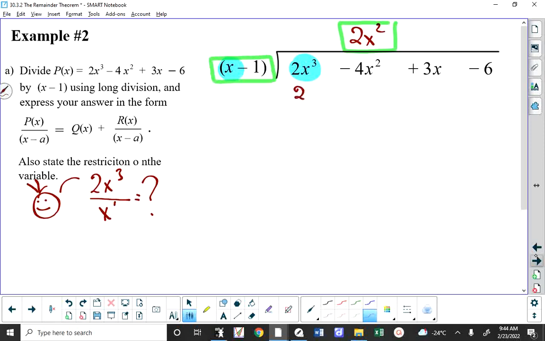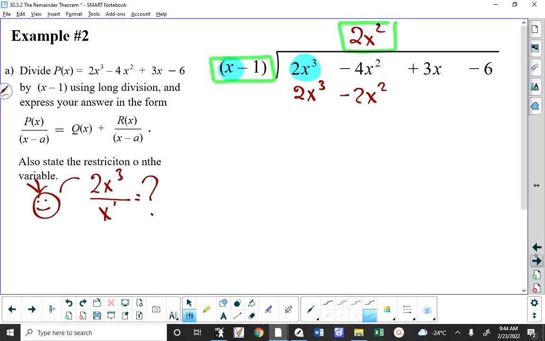Well, it better give 2x cubed because that's what we were dividing the x into. And then 2x squared times negative 1 is negative 2x squared. So that's the second step. When we get to synthetic division, it's going to be so slick and quick, it'll be unbelievable. So don't get too bogged down in this.